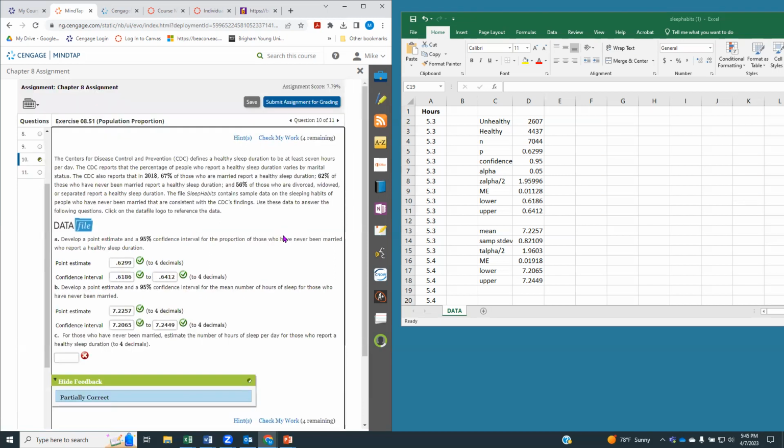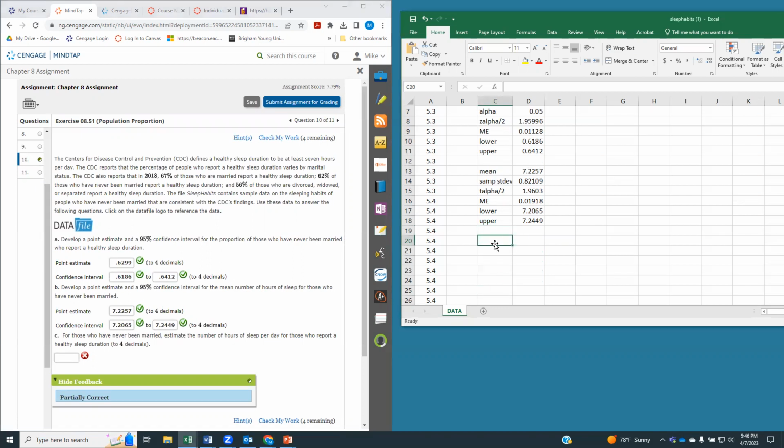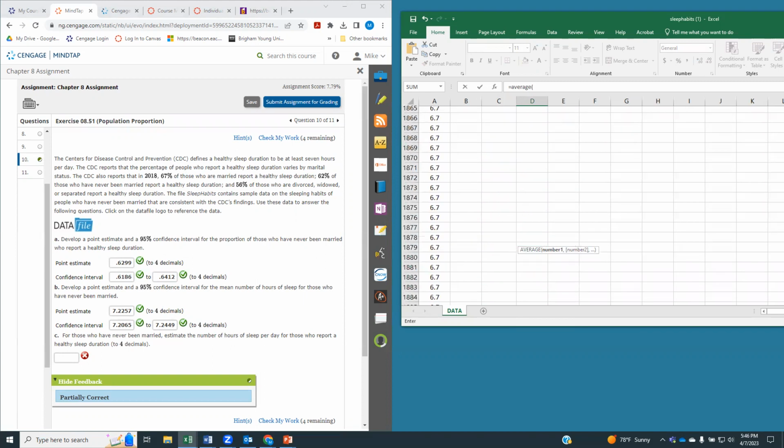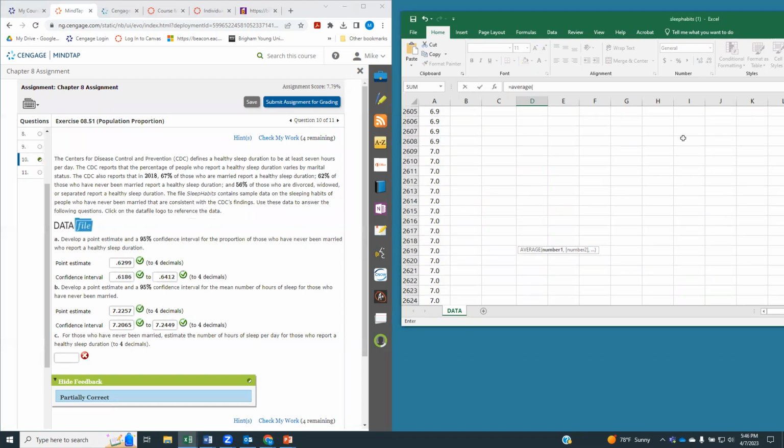All right. So the last one says, for those who have never been married, estimate the number of hours of sleep per day for those who report a healthy sleep duration. So really that just means we're going to find the average of those who have 7+ hours of sleep, right? So I'm going to say equals average. Then I'm going to scroll down until I get to the 7s, and then I'm going to drag that all the way to the end.